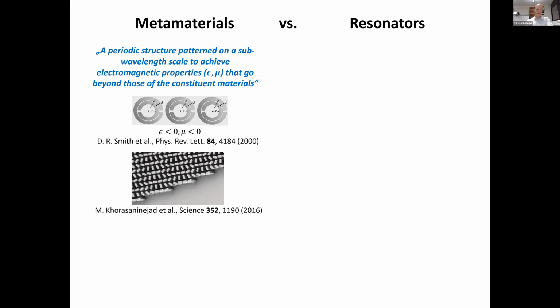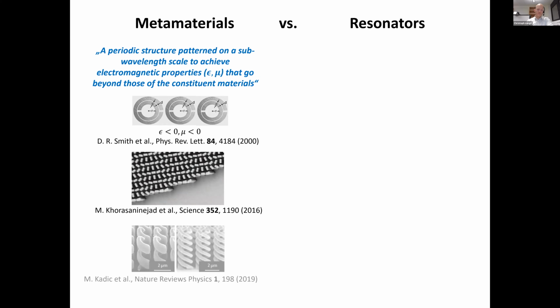focusing capabilities, just as a regular lens does, but in fact with less spatial aberrations, or even three-dimensional structures, as rounded up just nicely in this recent review here in the group of Martin Wegner.